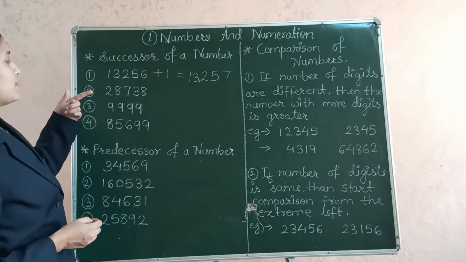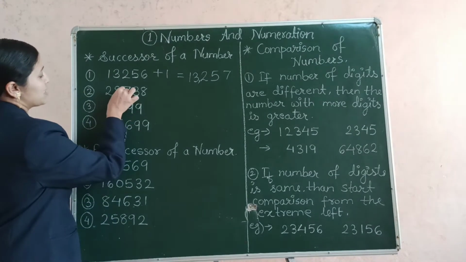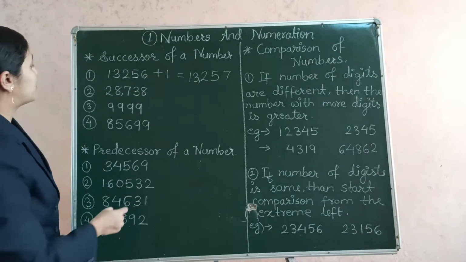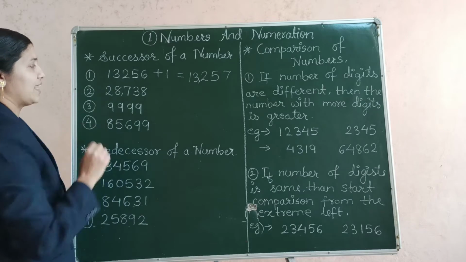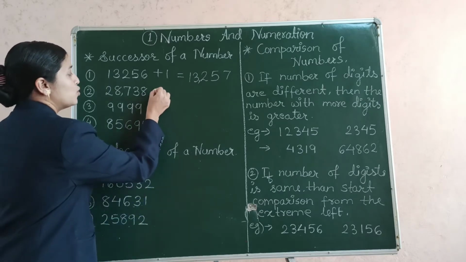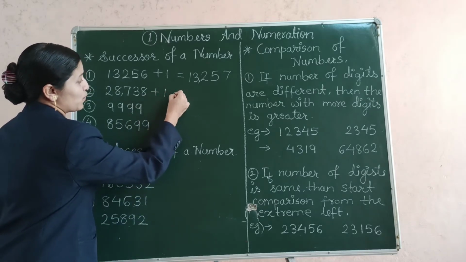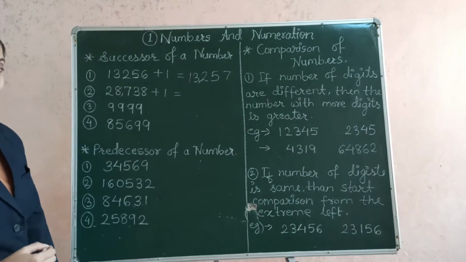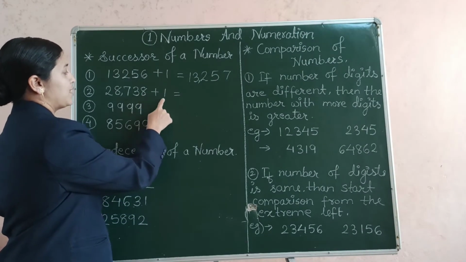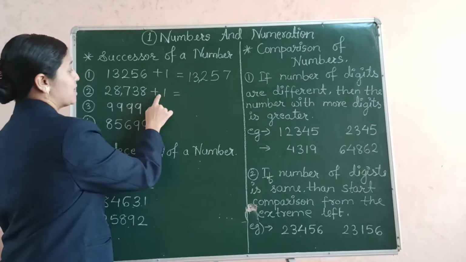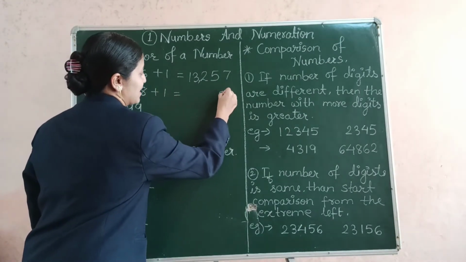Similarly, we will see one more example. Here the second number given is 28,738. What are we going to do? We are going to add 1 to find its successor. The numbers in the ones place are to be added: 8 plus 1 will become 9.